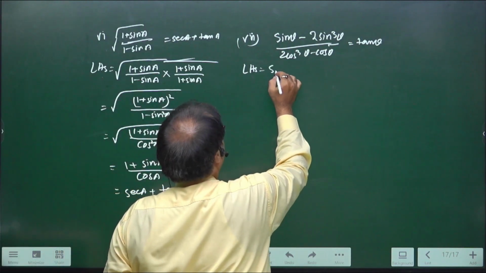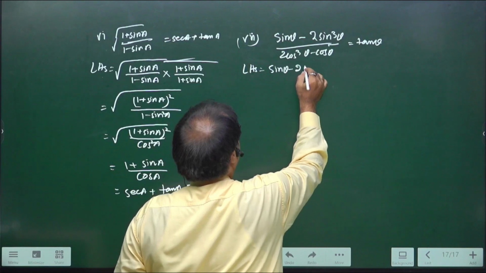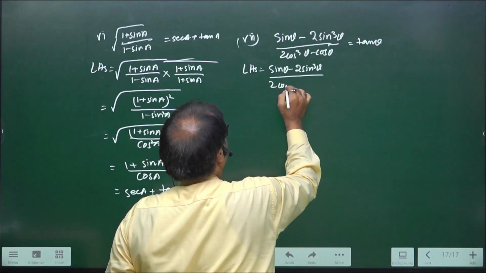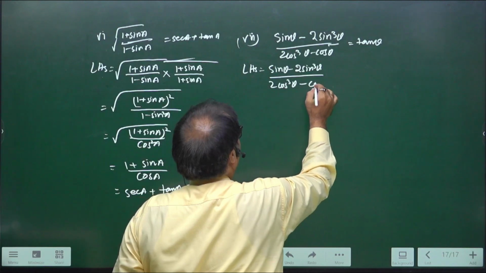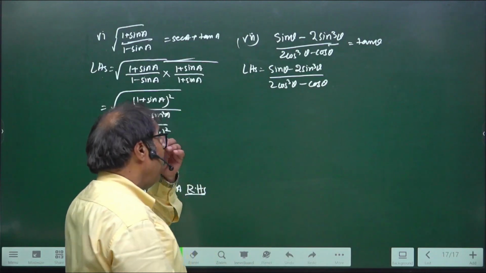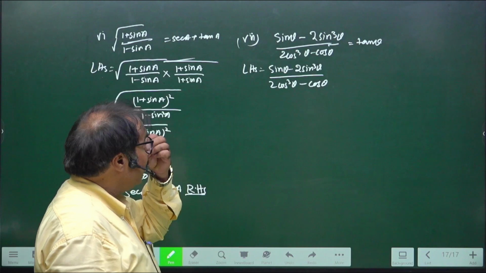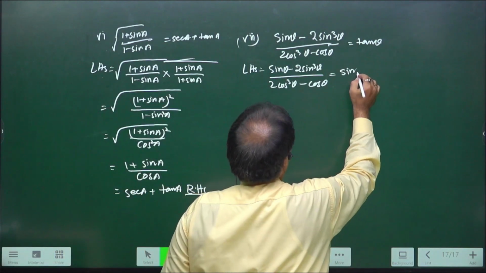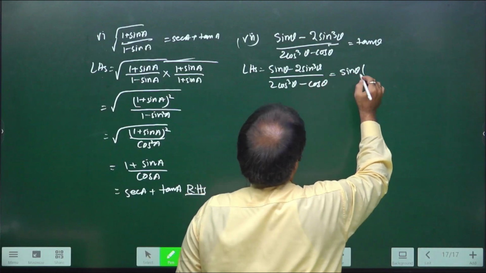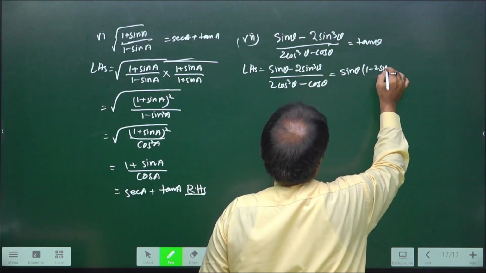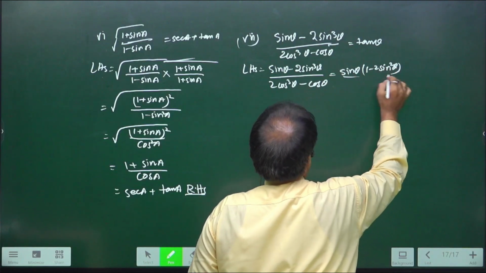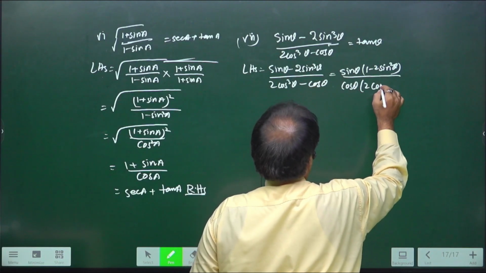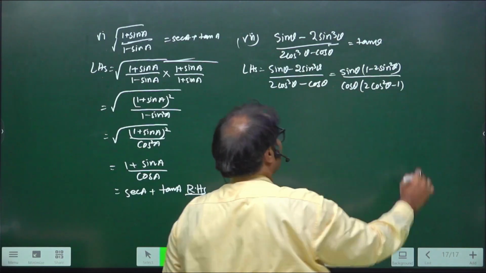LHS is equal to (sin θ − 2 sin³ θ) divided by (2 cos³ θ − cos θ). Okay, so we will take sin θ as common from the numerator. So sin θ is coming common. So what is left? 1 minus 2 sin² θ, and in the denominator cos θ is coming common. So what is left? 2 cos² θ minus 1.